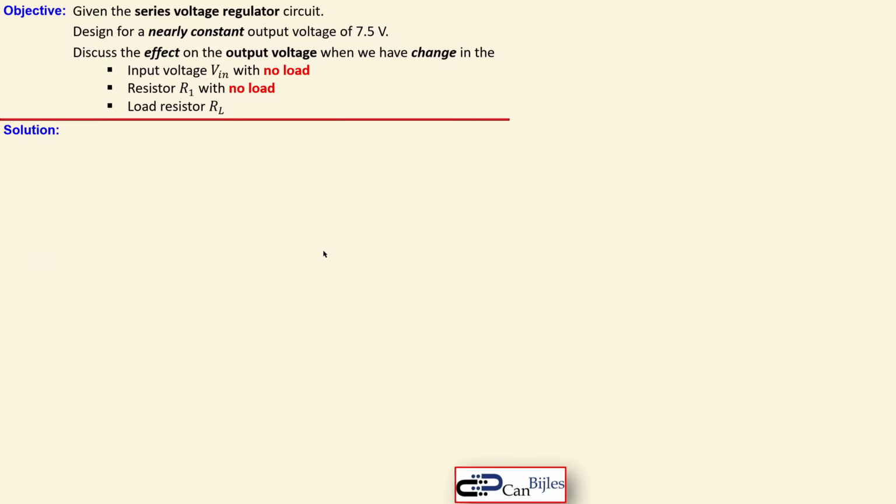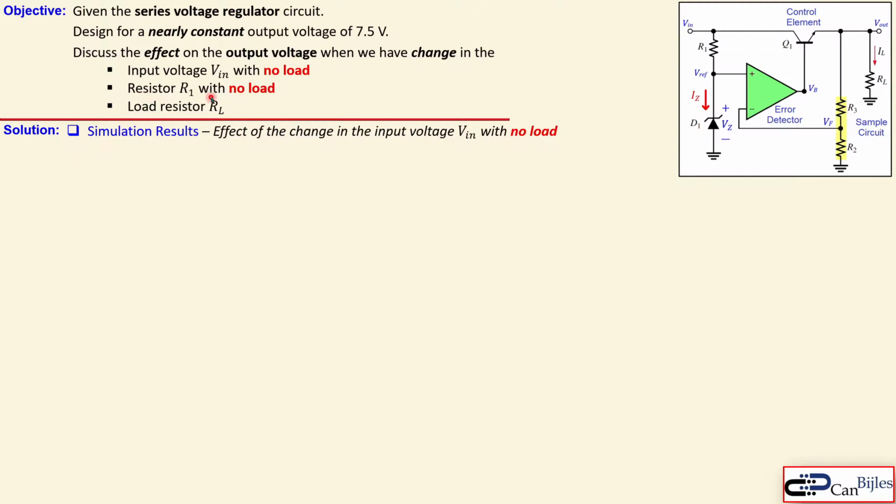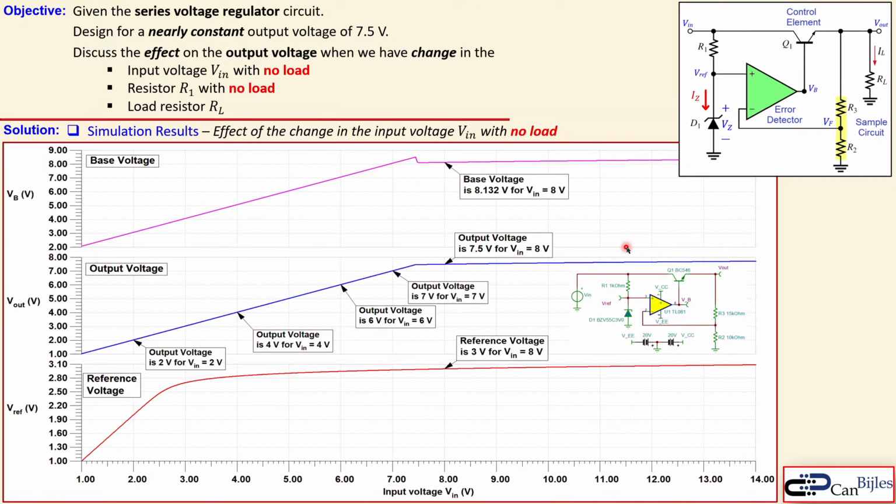Now let's look at the other effects, because we would like to check the effect on the output voltage when we change the input voltage. That input voltage will now be swept, so we will change the value. Again, we use no load, so this is an open circuit. These are the plots we have. You see 3 plots.